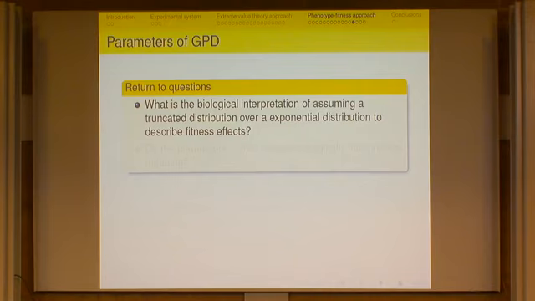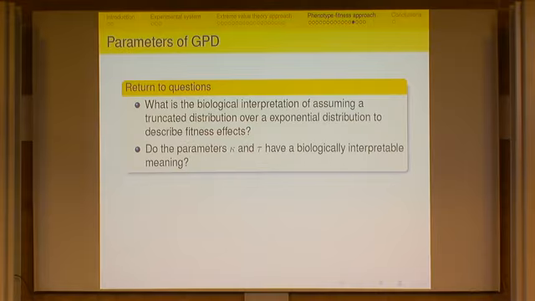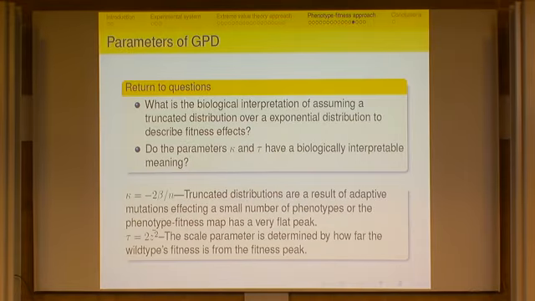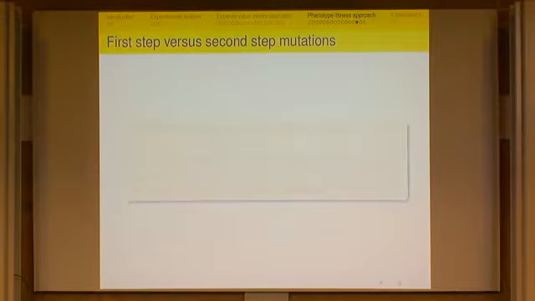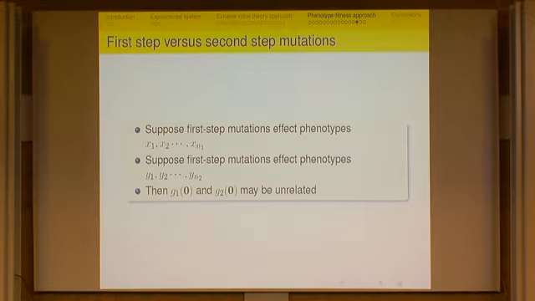Those are other types of papers, but they didn't really use it this way, so this is a different way to think about it. Again, that's the meaning of the parameters. And now the last thing I can talk about is what about that first step versus second step?